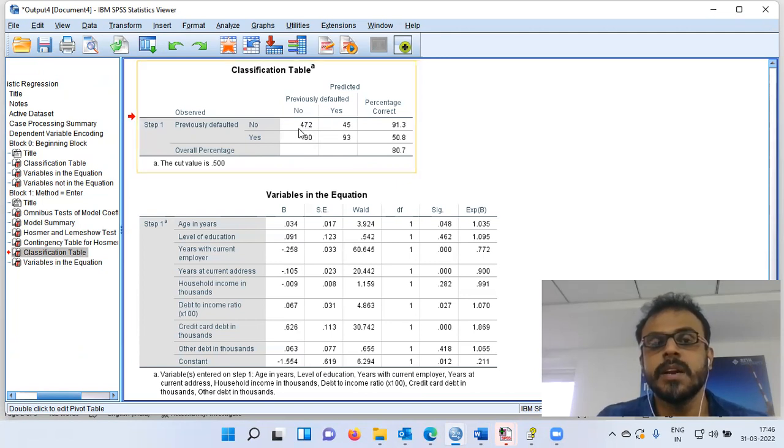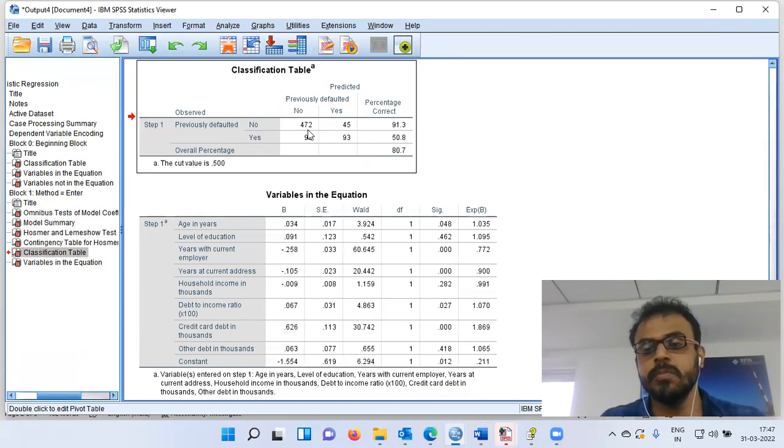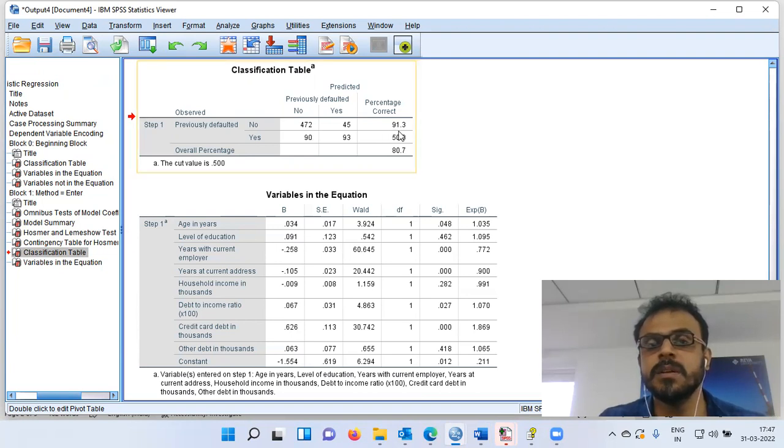So there are 472 non-defaulters that have been correctly predicted as non-defaulters by the logistic regression model. You may want to know what is the percentage of accuracy when you are predicting non-defaulters. Please take a look at this number 91.3, and the heading here is percentage correct.